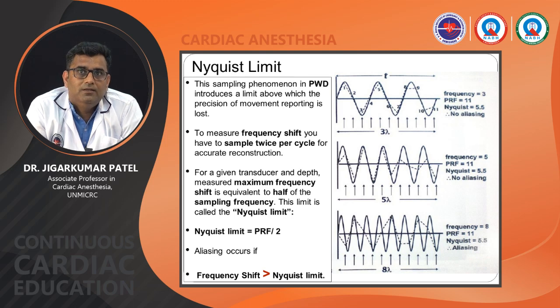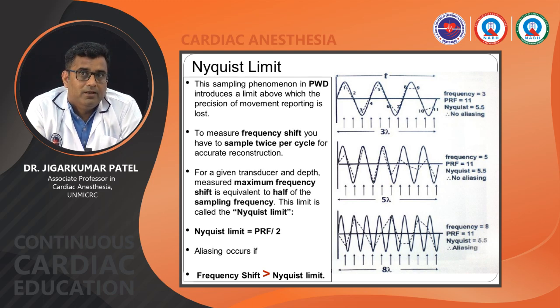As you see in the image, the uppermost part shows a frequency of 3, and you observe 11 times, so the pulse repetition frequency is 11. The Nyquist limit is half of the pulse repetition frequency or sampling rate. So with a sampling rate of 11, you have a Nyquist limit of 5.5. You are observing 11 times in these 3 wavelengths, so you will get the actual flow.